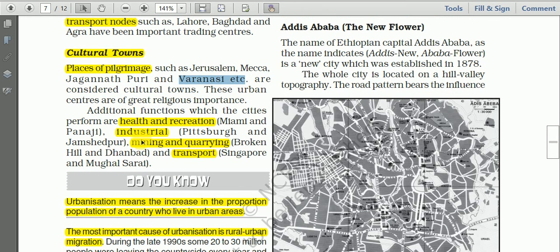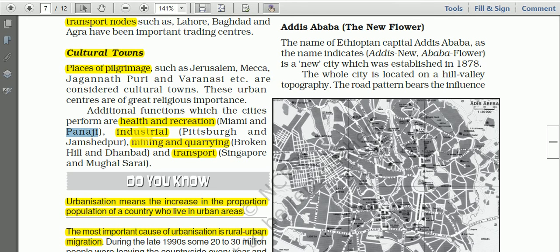So additional functions which the cities perform. In addition to the functions mentioned above, we have health and recreation towns. For example, Miami is an example of a health and recreation town. Where is Miami? It is in Florida state in USA. Then we have Panaji, Goa.